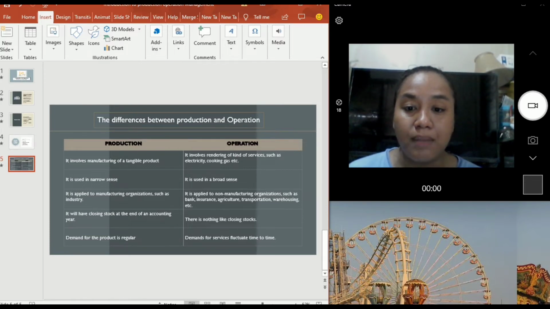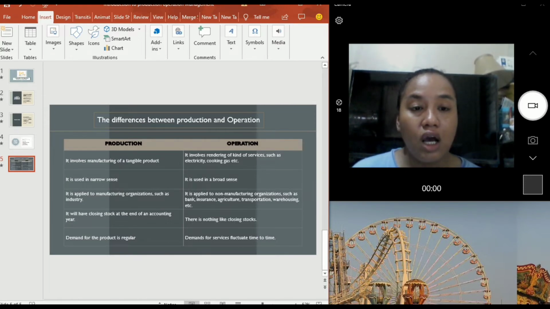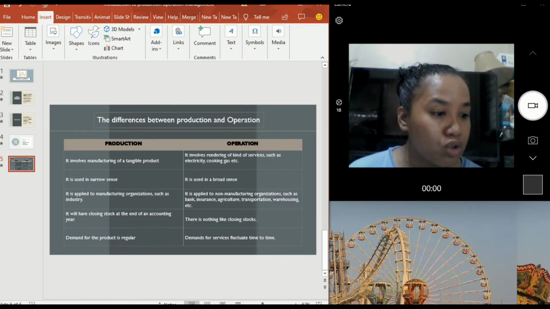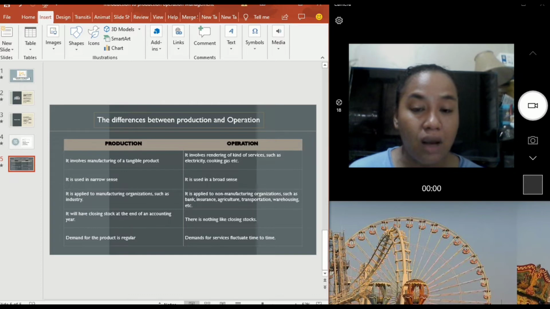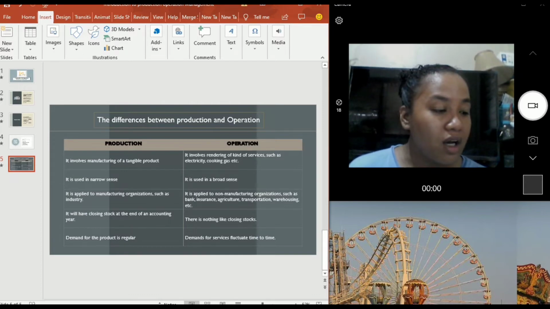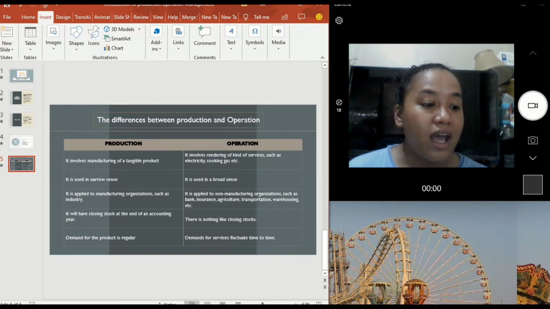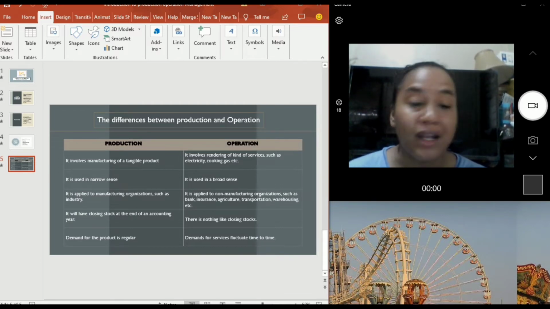So the demand for services fluctuate time to time because, according to the article that I read, according to the Monash Business University, it is a response of an economic change or condition or a consumer spending pattern.